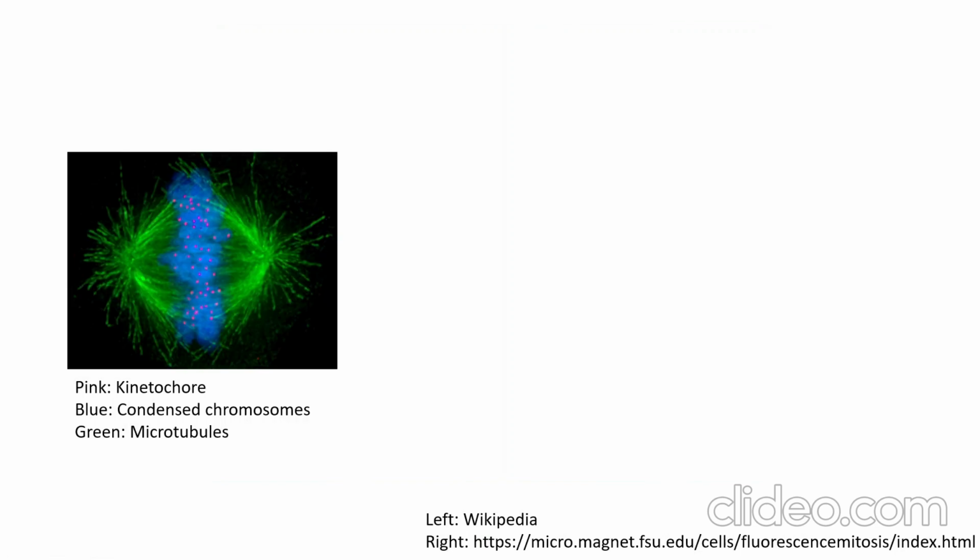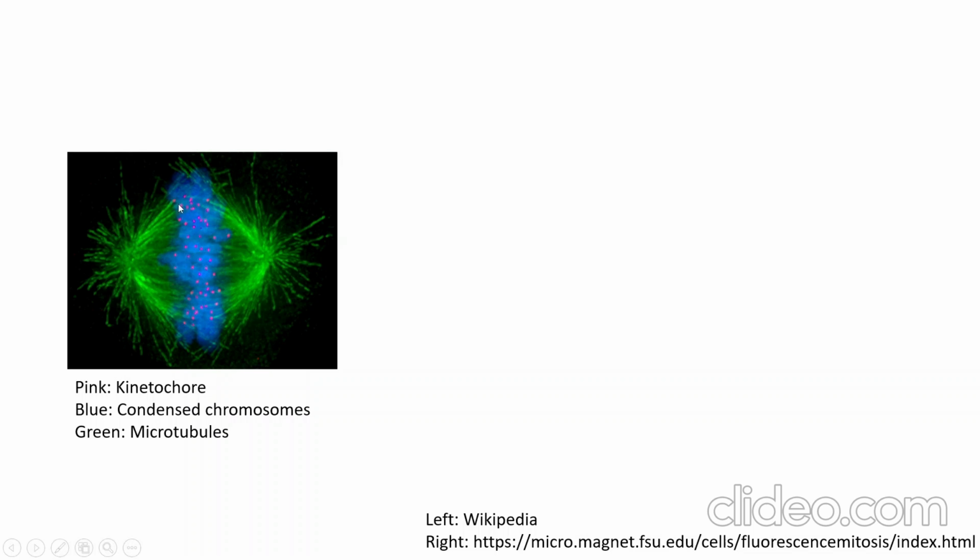I had also shown you earlier these images of your microtubules, also in green, and your chromosomes and sister chromatids here. They are condensed and in blue. And then you have the pink kinetochores, right? The kinetochores are also something you studied in the course recently.